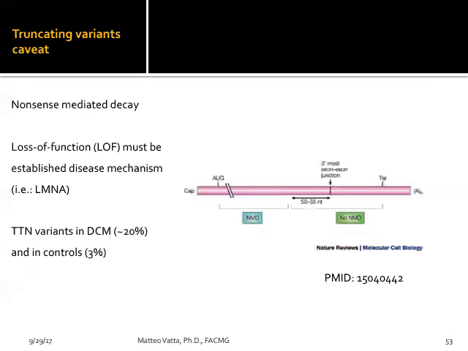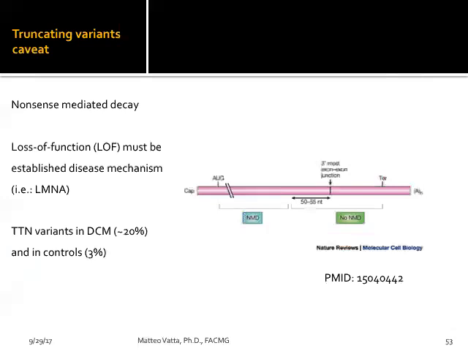So there are genes like lamin, for which loss of function is an established mechanism of disease. So if you have a truncating mutation in a gene like lamin, go for it. It's a pathogenic variant, no matter what, if it is in the canonical isoform. If you look at gnomAD, there will be some truncating variants in non-canonical lamin transcripts.